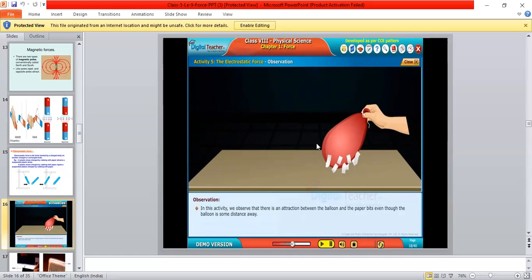A balloon is blown and then when it is rubbed to a paper, the balloon gets charged. After that, when you bring tiny bits of paper near to the balloon, they get attracted. So, such type of force which is shown by an object on getting charged is called electrostatic force.